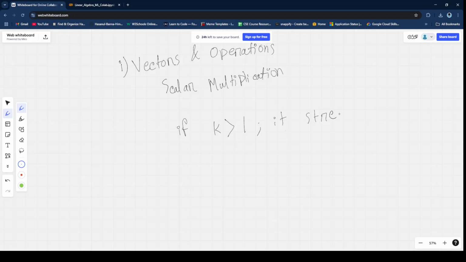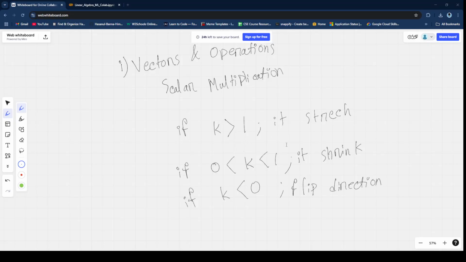And if my k is between 0 and 1, it will shrink. And finally, if my k is less than 0, or what we call a negative value, it will flip the direction. So that was our scalar multiplication.